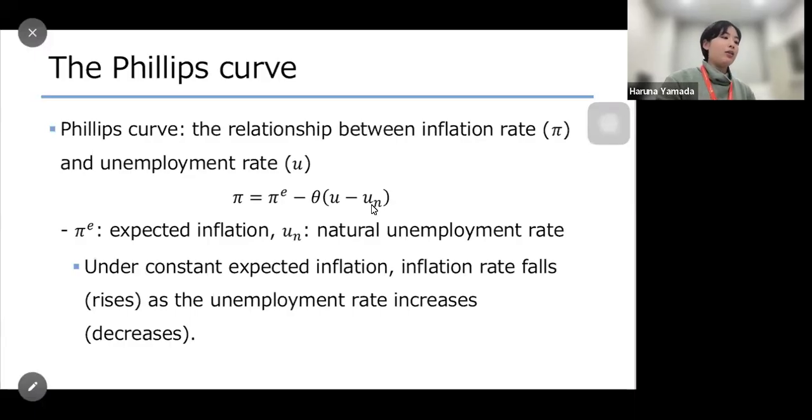Here pi e is expected inflation, and un is the natural unemployment rate. So under constant expected inflation, the inflation rate falls as the unemployment rate increases, and also the inflation rate rises as the unemployment rate decreases.